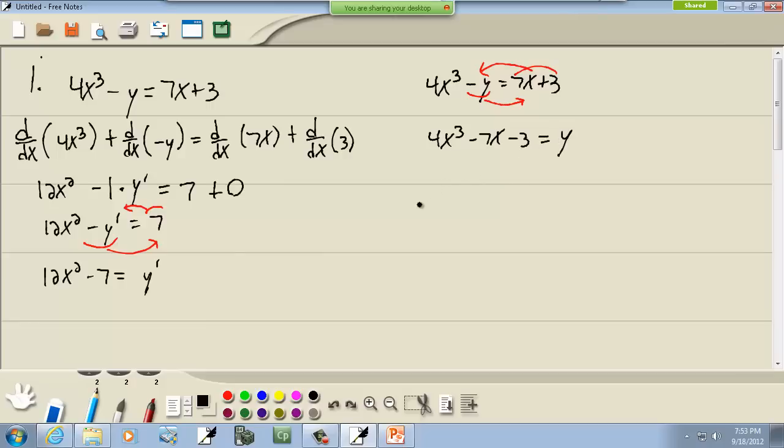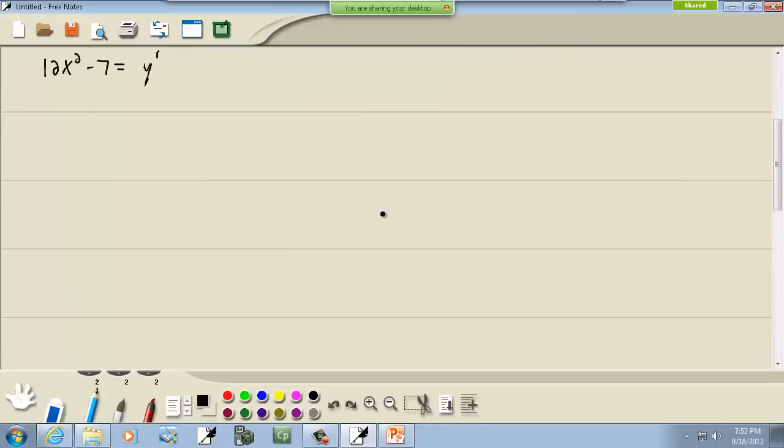I'll put the y prime over here, but take your power, put it out in front. So we've got 4 times 3, lower our power by 1. Negative 7x, you drop the x, and the negative 3 goes to 0. So that would give us 12x squared minus 7. So this one, again, there was an alternative way to do it, besides using implicit differentiation.